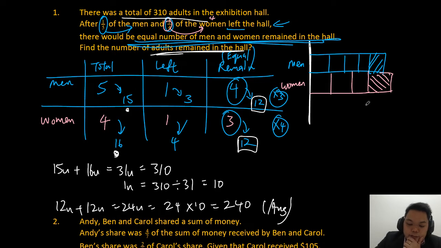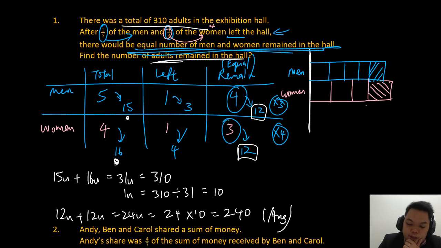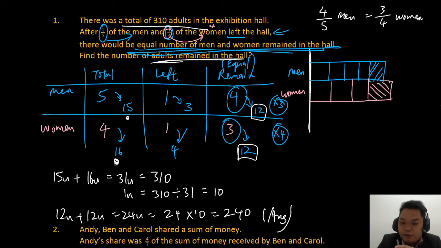Okay, the thing about this is, of course, some of you are saying I prefer to use fraction directly, where you say like 4/5 of men is the same as 3/4 of women. Okay, of course, this is technically correct. At the same time, the problem I face with this is that some students are not fully aware of everything that is going on.